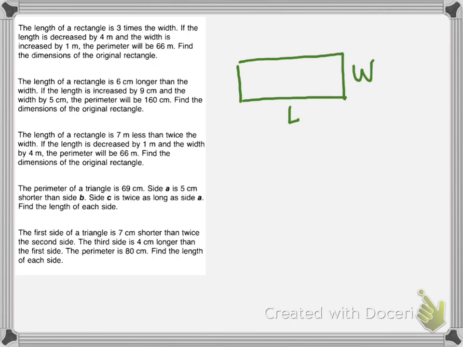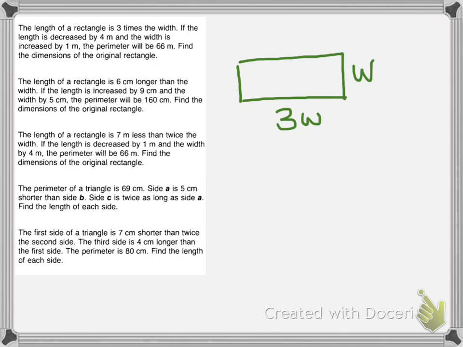It says the length of the rectangle, that's this one, is 3 times the width. So instead of calling it length, they're saying it's 3 times the width. That's not a problem. I have an eraser. And so what we do is we actually call it what they want to call it.